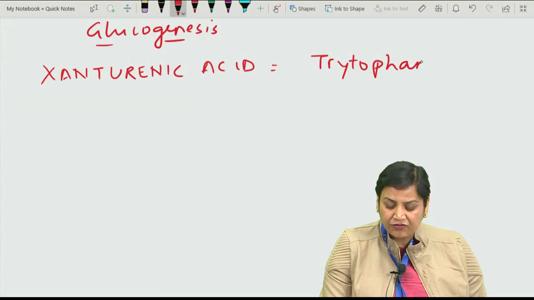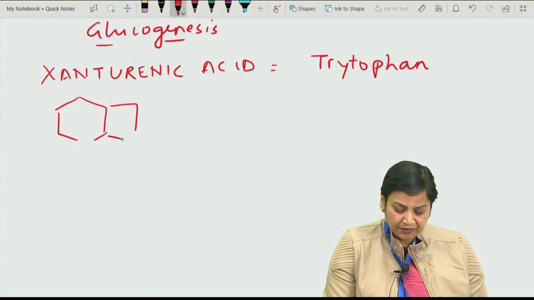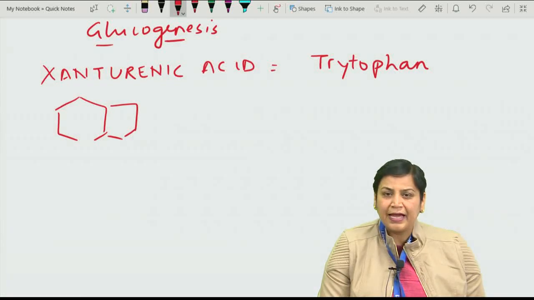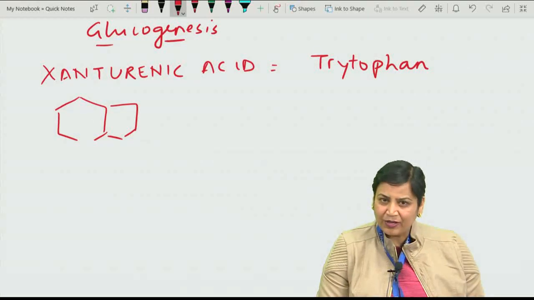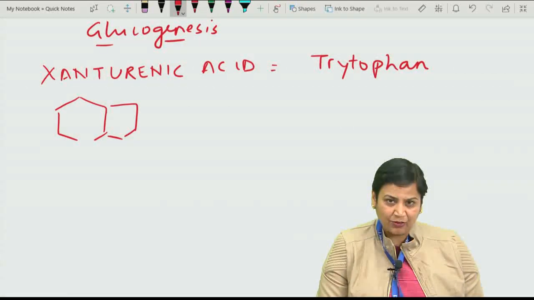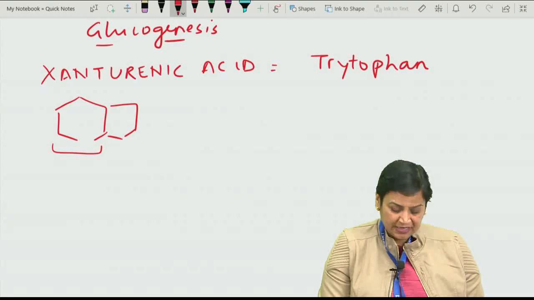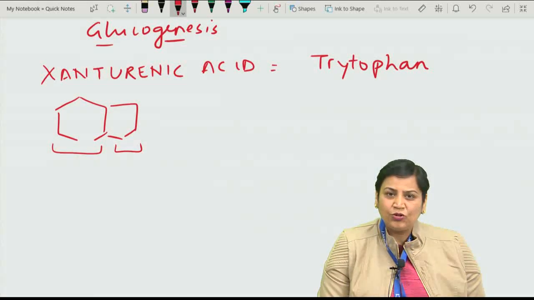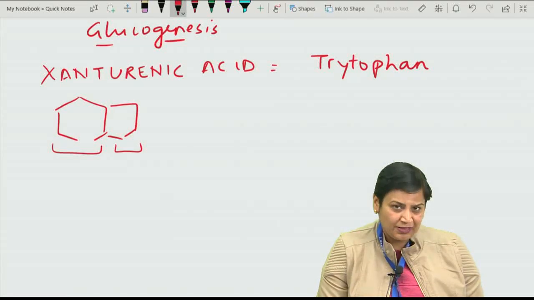Tryptophan has an indole ring attached to it. Tryptophan is classified under aromatic amino acids as well as heterocyclic amino acids. Why aromatic? Because it has a benzene ring in it. Due to the presence of the indole ring, it is also known as a heterocyclic amino acid.